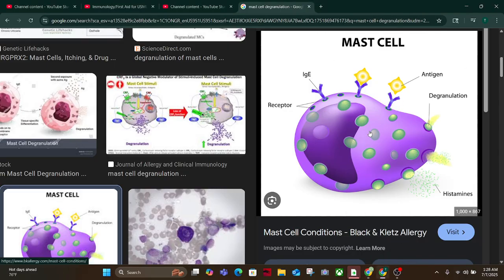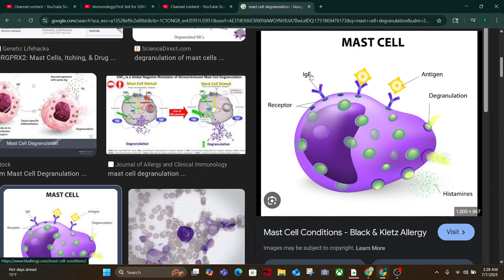So this right here, this is a mast cell. Okay, so let's say this yellow thing right here is bee sting venom. So in the beginning, somebody gets stung by a bee, and then that person's body makes IgE, and this IgE is specific to this bee sting venom.